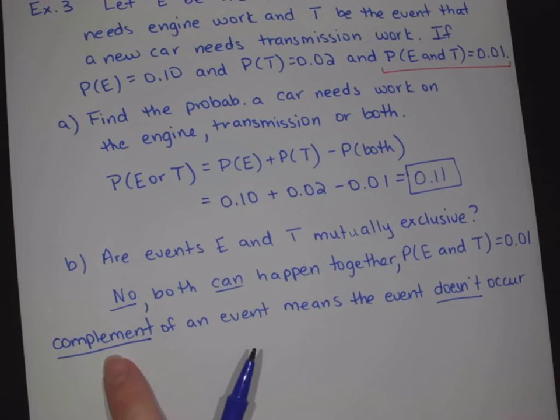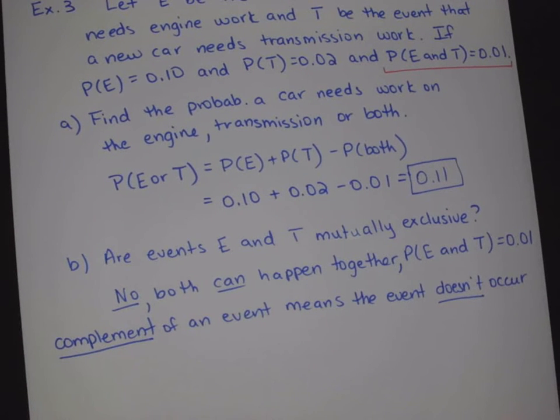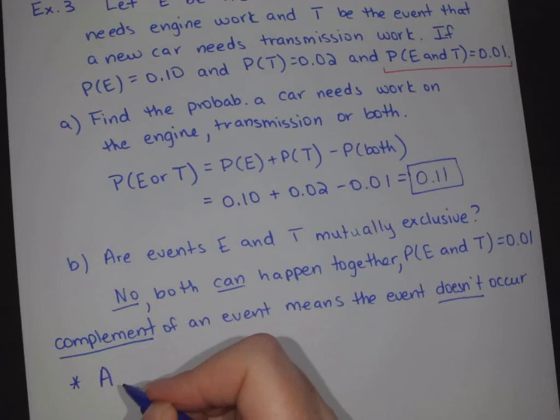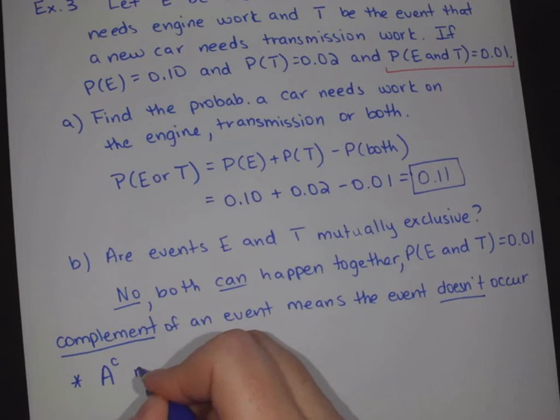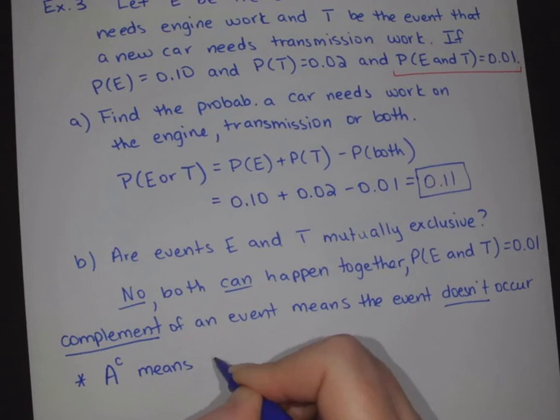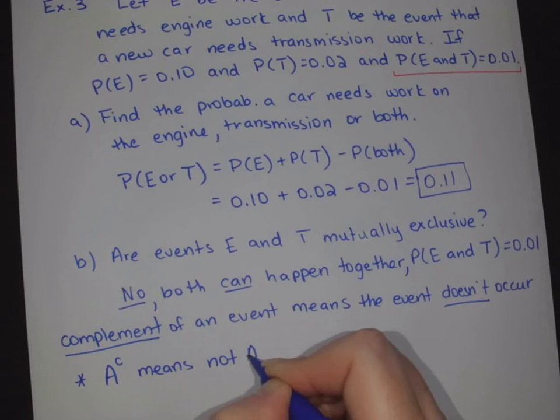Notice it's not spelled like compliment, like if you're giving someone a compliment on their outfit or their hair today. Complement is with an E. The notation for that is you'll have the event A and then a little c up here. It's not really an exponent, it's just C for complement. So when you see A with a little c up there, it means not A.